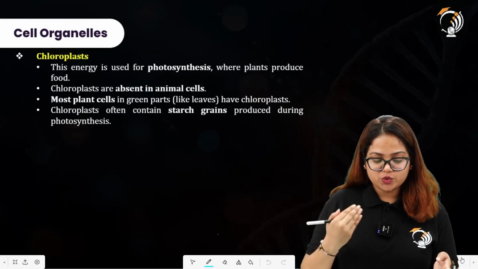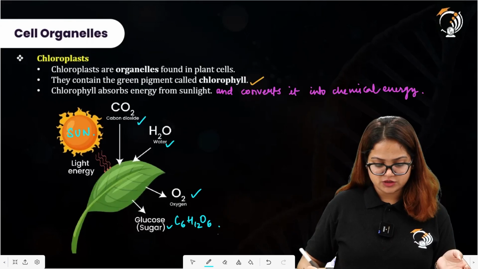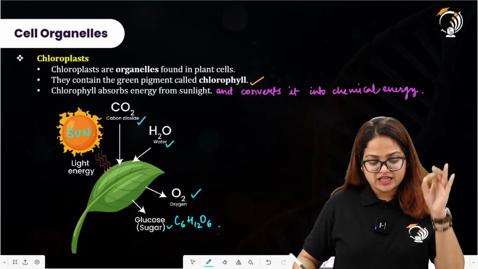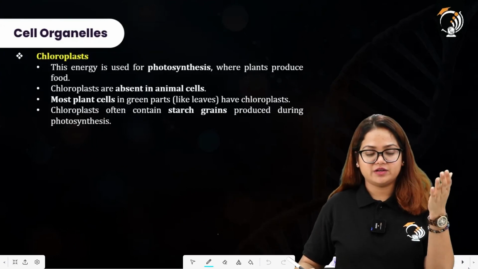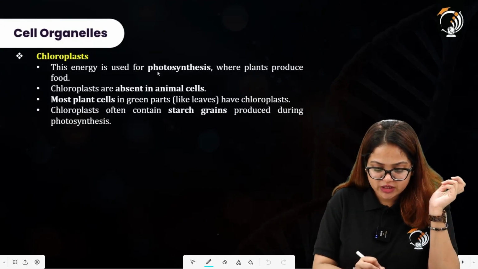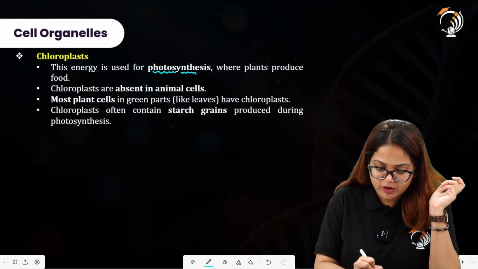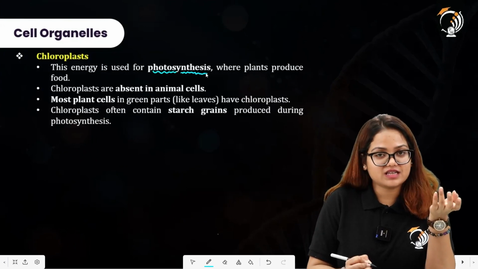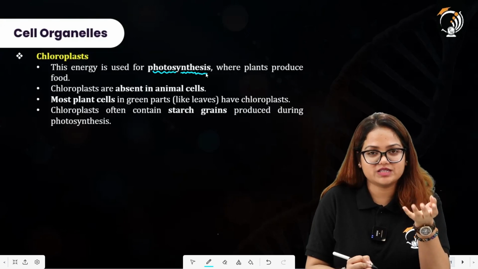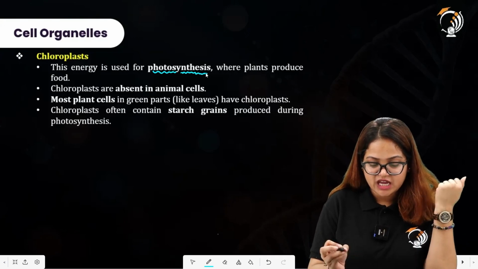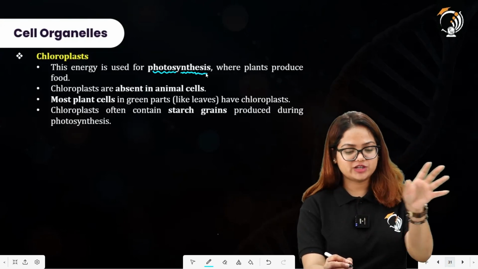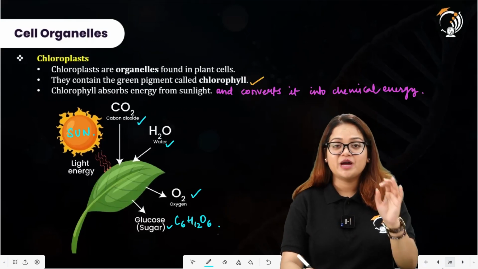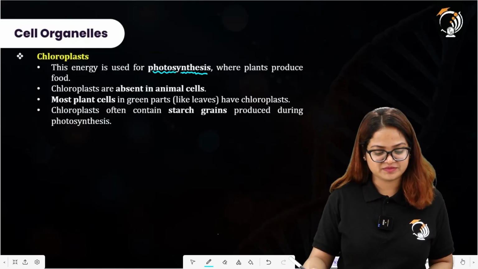This energy is used for photosynthesis. So chlorophyll absorbs the sunlight energy, and the sunlight energy is used for the process of photosynthesis. We have understood about photosynthesis, where it occurs and how the process takes place, where plants produce food in the form of carbohydrate, specifically glucose.